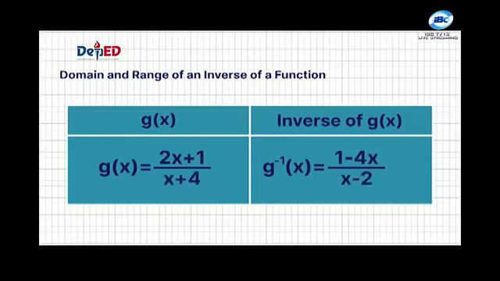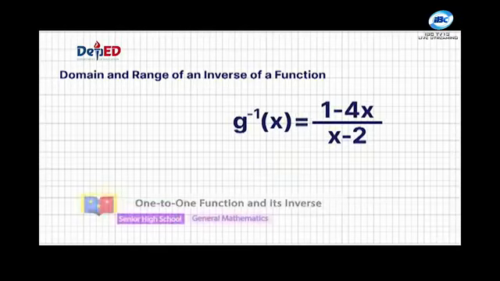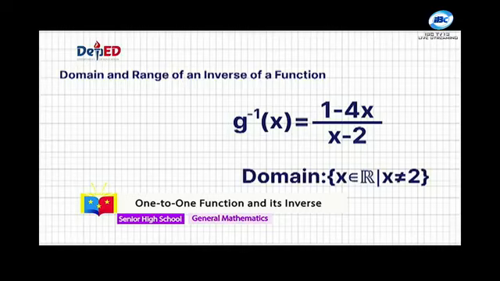Let us take first the domain of the inverse function (1 - 4x)/(x - 2). In this case, x should not be equal to 2, since that will make the denominator equal to 0. Thus, the domain of the inverse function is the set of all real numbers except 2.